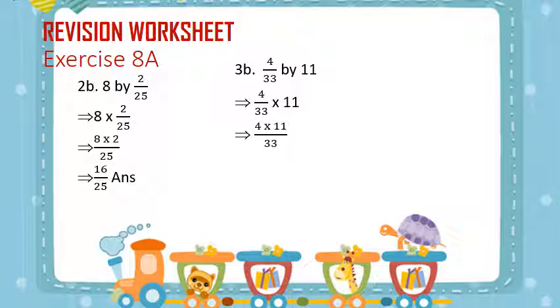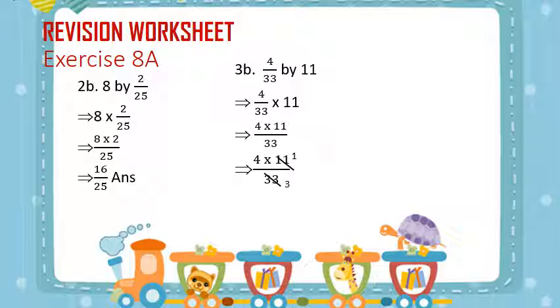Now children, just see one thing. Now we can reduce, or we can say that we can divide 11 in the numerator and 33 in the denominator by common number 11. So when we divide 11 by 11, what do we get? We get 1. And when we divide 33 by 11, what do we get?